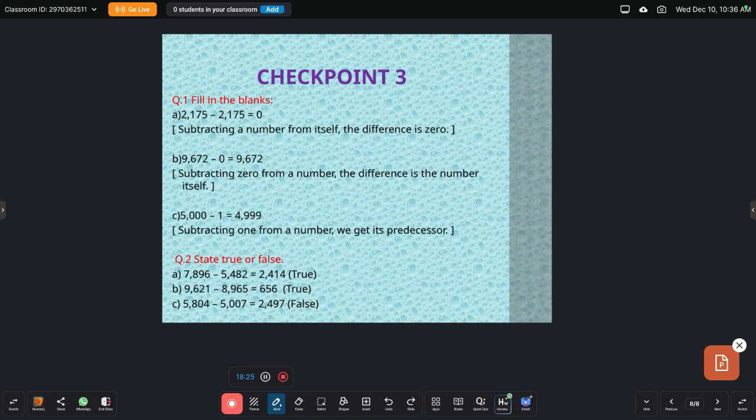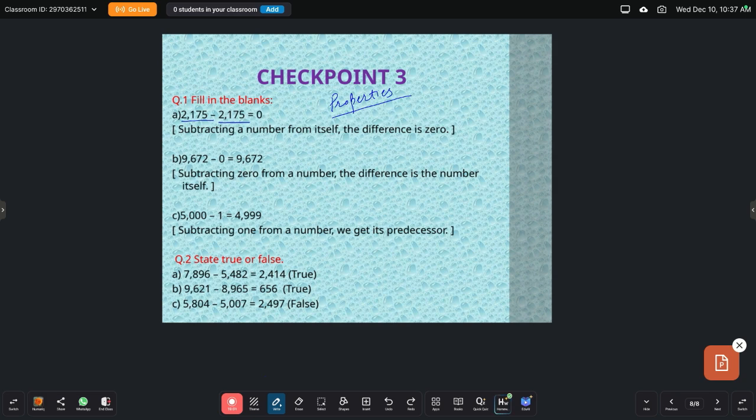Now we will start our checkpoint 3. Here we have question number 1, fill in the blanks. What you have to do is apply the properties of subtraction to fill the blanks. The first part we have here is 2,175 minus 2,175.